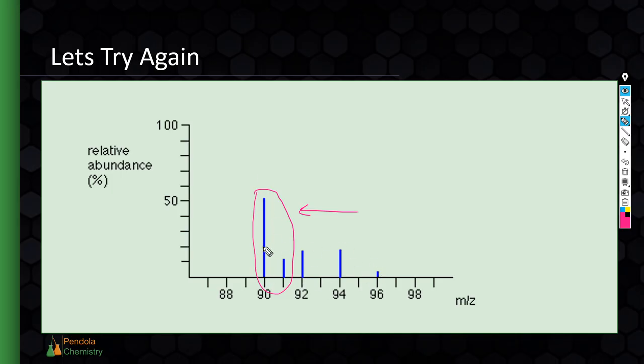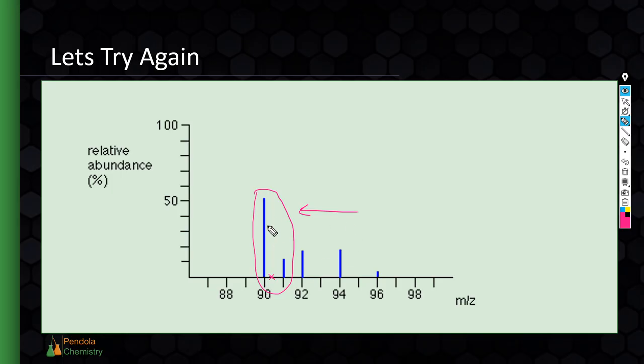Now, will it be exactly 90? No, it's going to be a little bit farther towards the right, somewhere along this line, because these do pull that average towards the right, just not as much as this 90 pulls it towards the left.